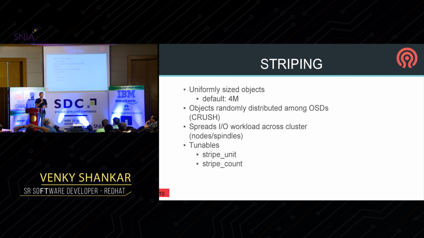No, that 4 is on just one big file. No, when you create an image, you can say I want the fancy striping, which is in the form of a striping v2 feature bit. You can say don't use the defaults, use this.